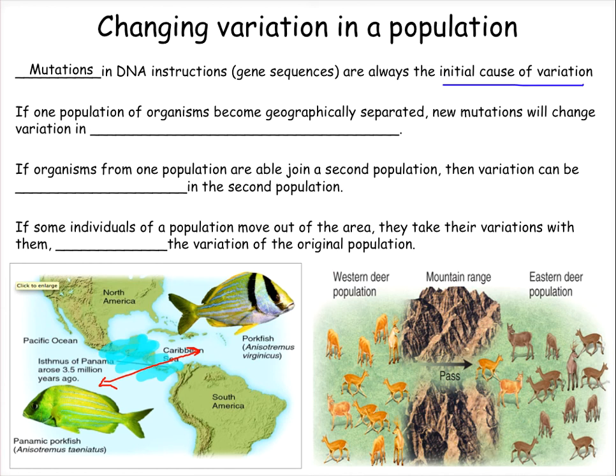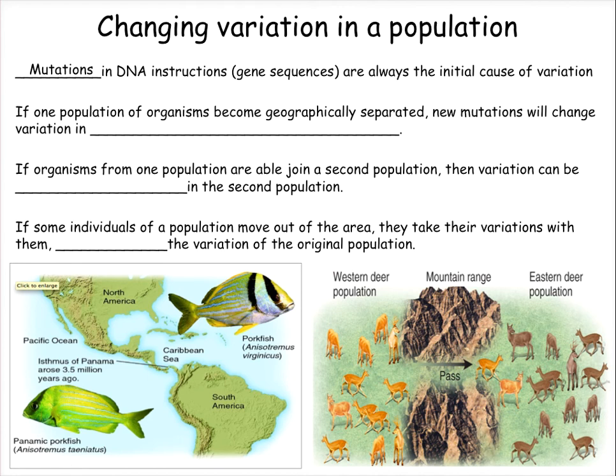Any variation that you would find in one member of this population, if it was advantageous, could be passed and change the entire population. However, if this original population of fish becomes geographically separated, like it is in this picture, these fish are separated by this landmass.